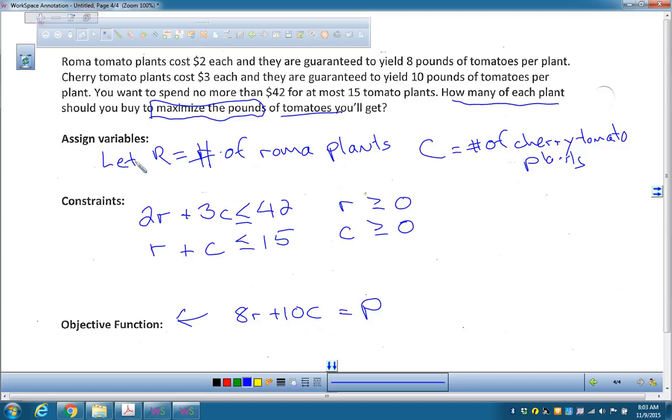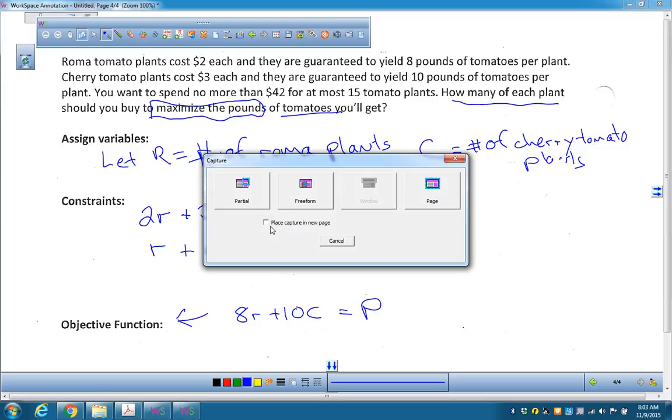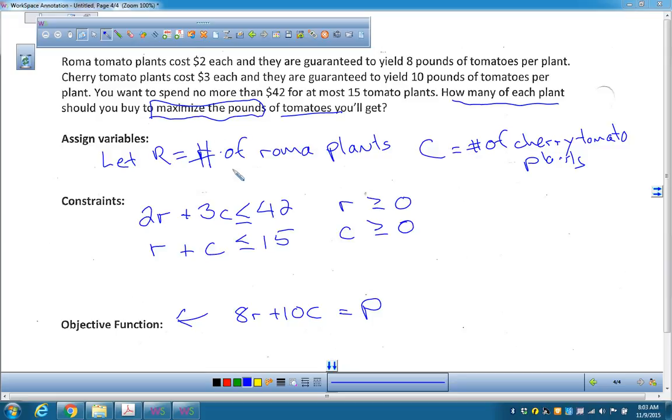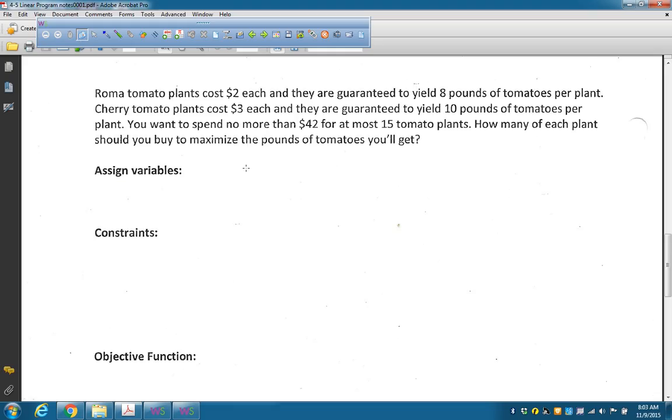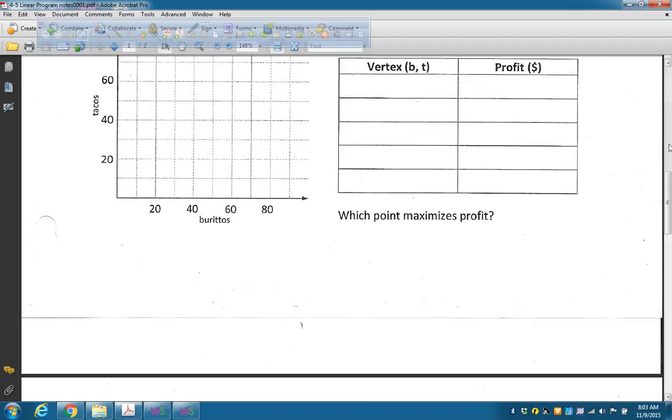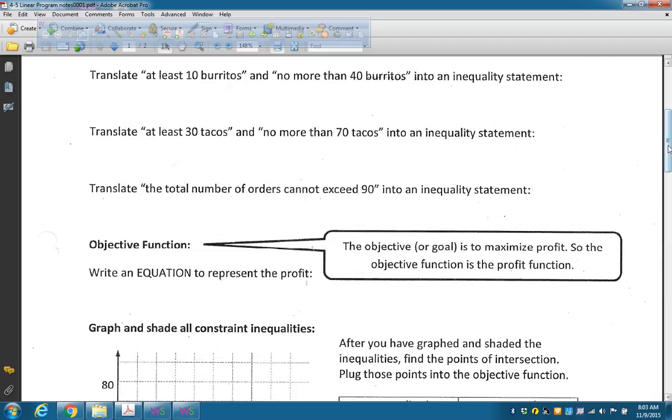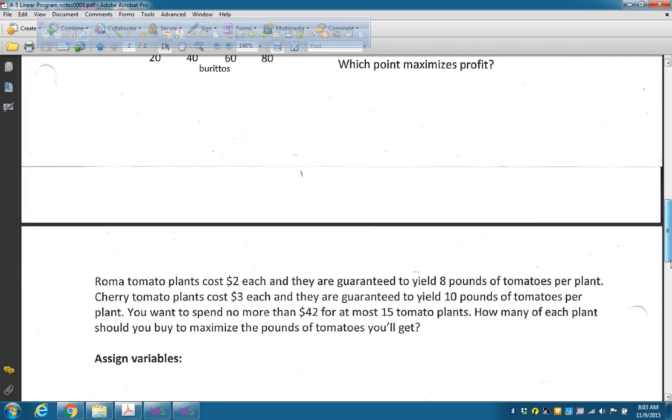It's tough because you have to sort through the information, and I always have had a hard time. So now I'm going to see if I can take this picture and copy it. I'm going to go to my graph.